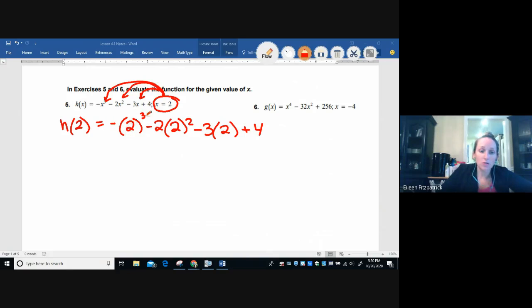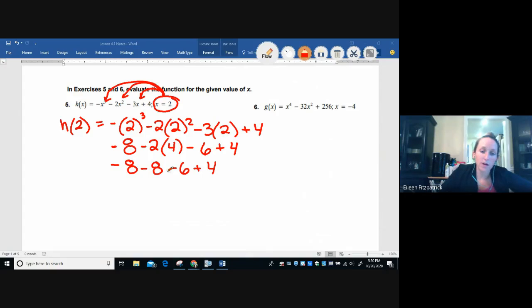All right, so 2 cubed, 2 times 2 times 2 is an 8. And then you have that negative out front, so it's -8. Minus 2 times 2 squared is 4. Minus, we do the multiplication here, 6 plus 4. We still have one more multiplication step, so -8 minus 8 minus 6 plus 4.